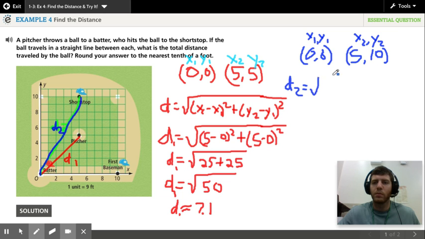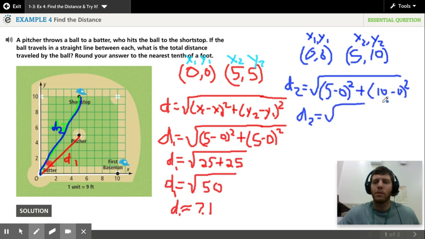So it's the same formula as over here, x2 minus x1. So our x values are 5 and 0. So again, just like the last one, it's going to be 5 minus 0 squared plus our 2 y values, y2 minus y1, that's 10 minus 0 squared. So we have square root. 5 minus 0 is 5.